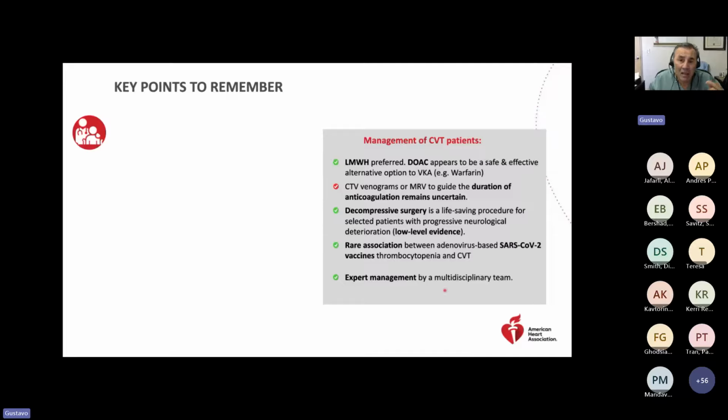The challenge is that there have been some adverse events associated with endovascular thrombectomy or intrasinus thrombectomy, and one of the considerations is that it could be risky. It's not recommended as standard practice.